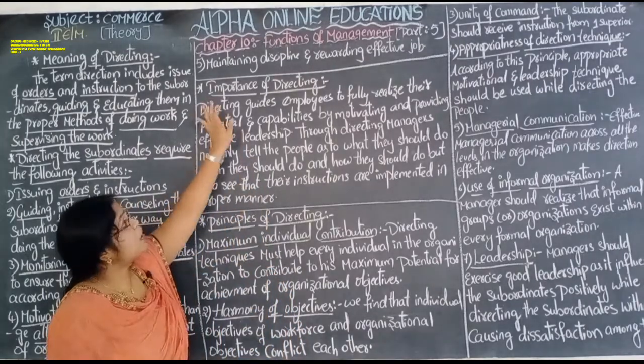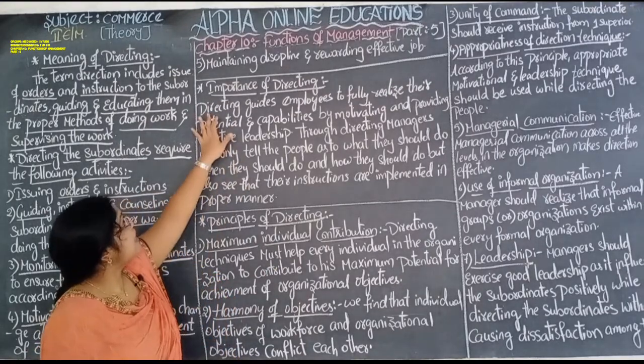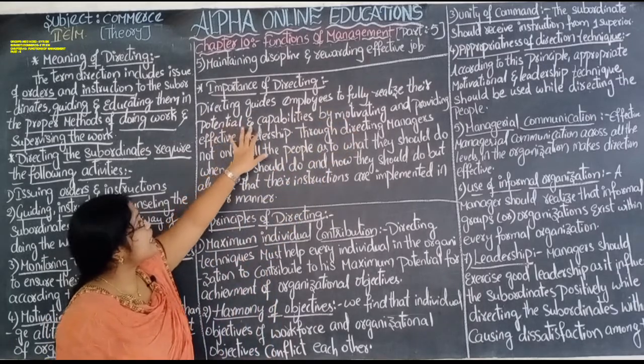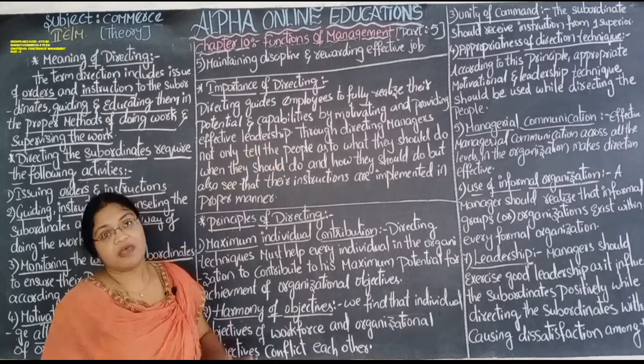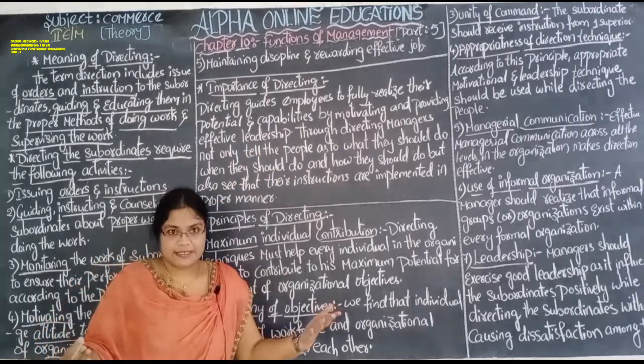Next, importance of directing. What is the importance of directing? Let us see. Directing guides employees to realize their potential and capabilities by motivating and providing effective leadership. So the superiors become leaders.